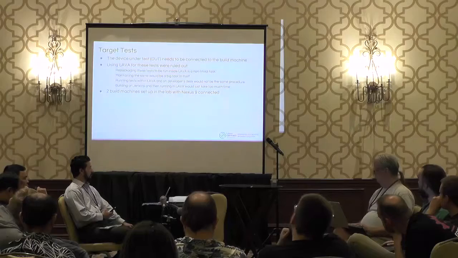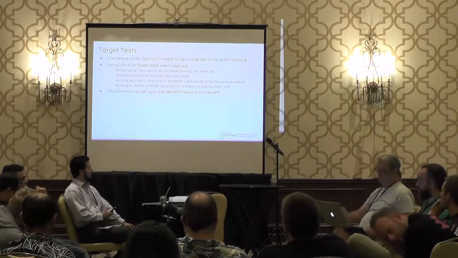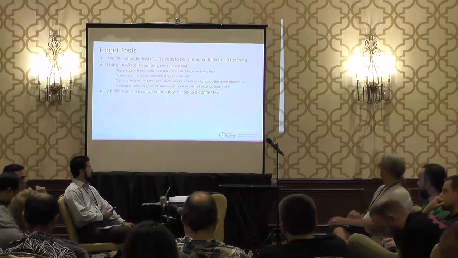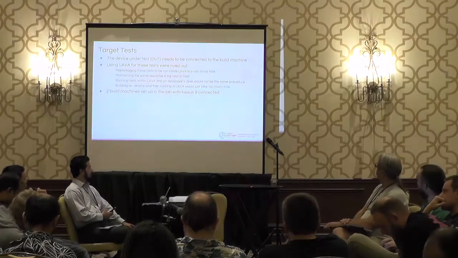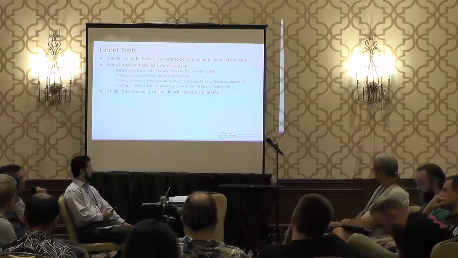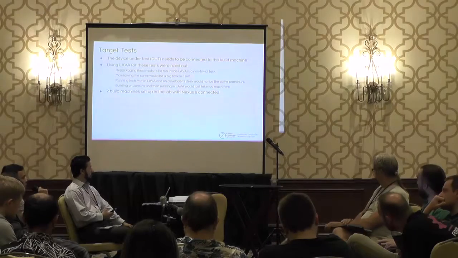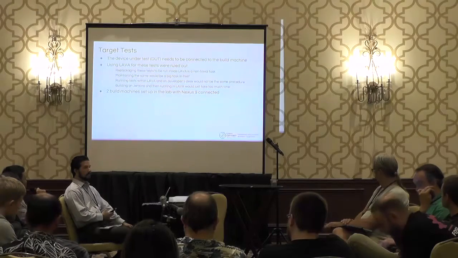Since these tests are being developed on a daily basis on ESP master, we couldn't generalize them, and the way we ran them in Lava wouldn't be the same as we would run them on the development machine.